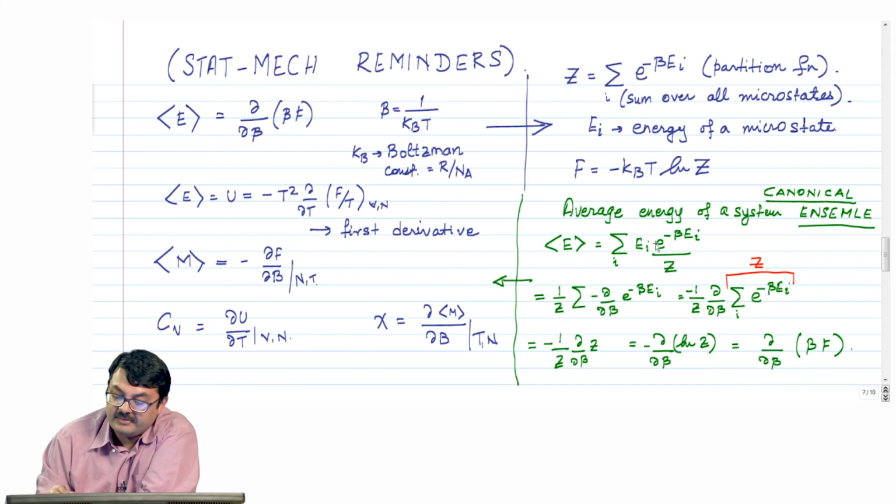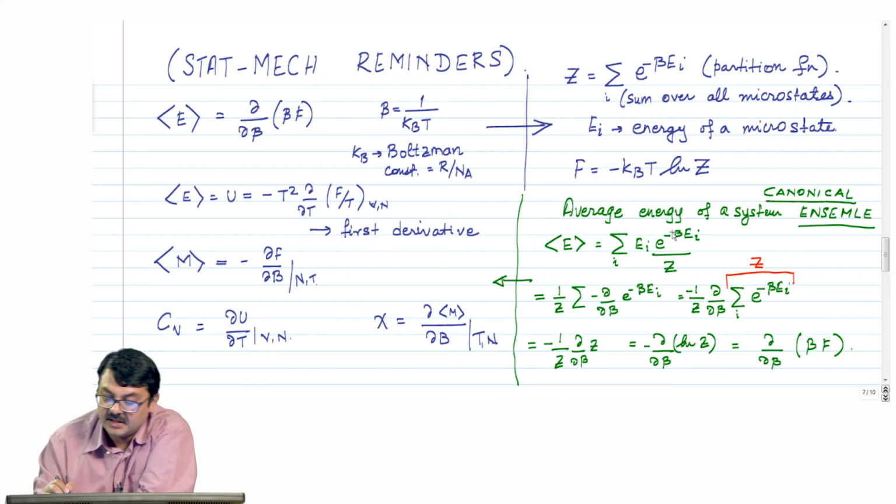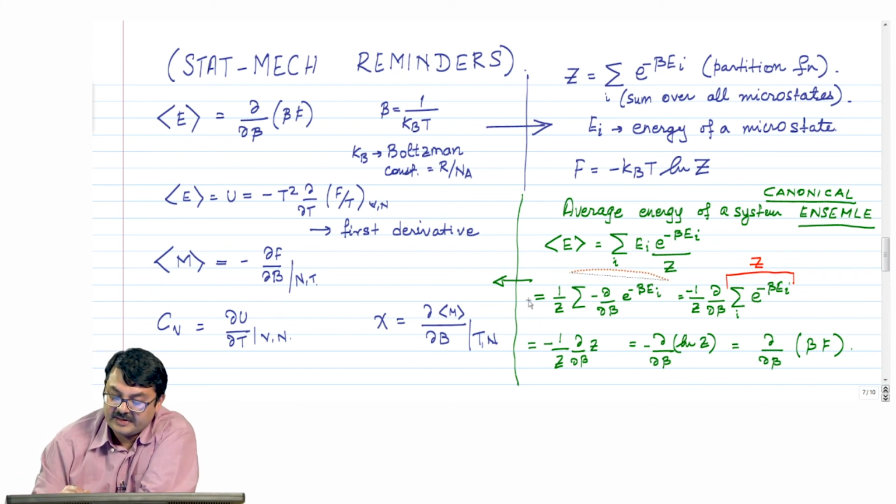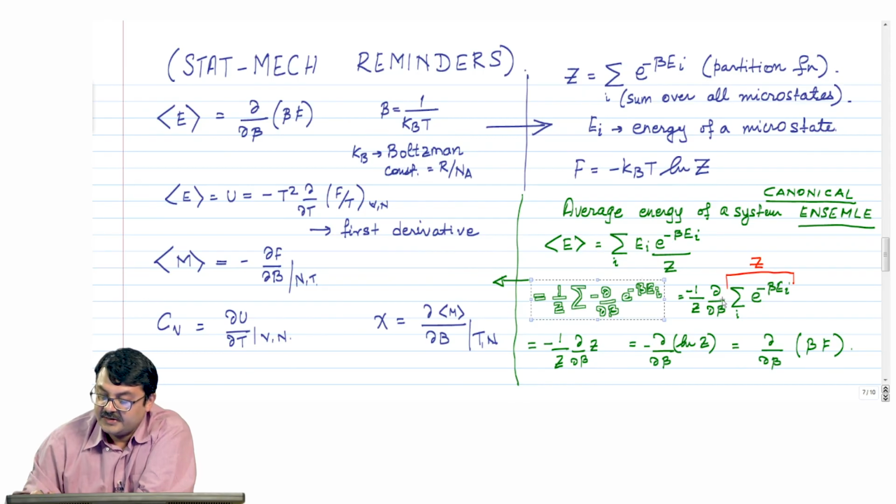And this expression can be written as 1 by Z del by del beta, when you take a derivative with respect to beta, beta being, as I told you, 1 by k_B T. When you take a derivative with respect to beta, the energy comes out, and I have put in a minus sign to keep track of the signs.